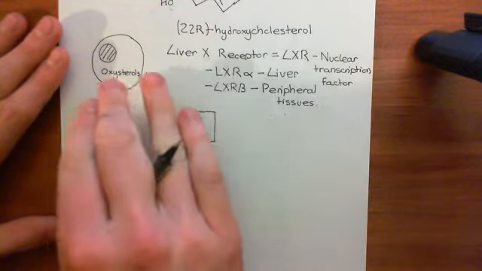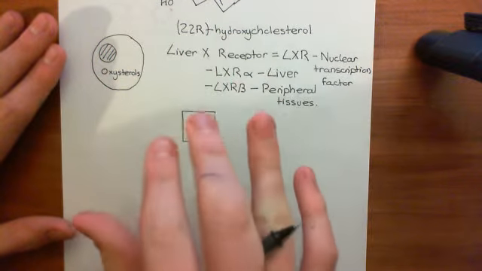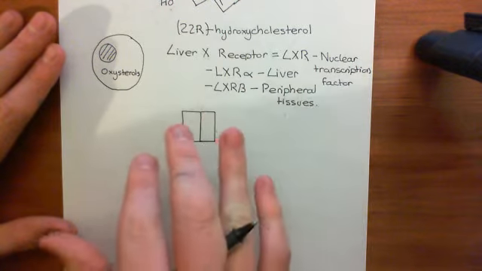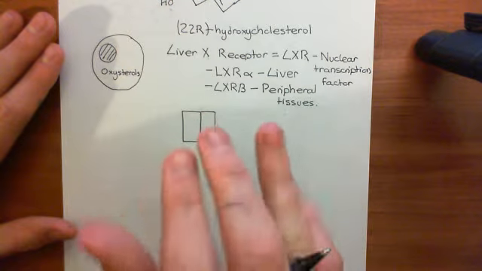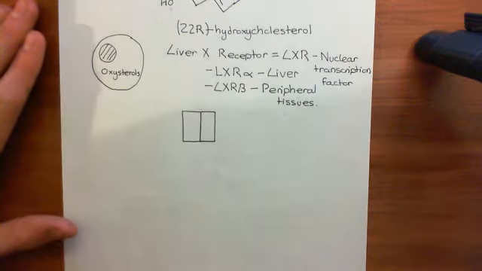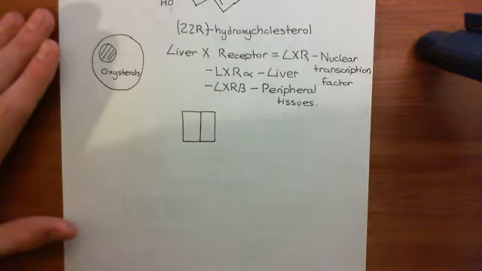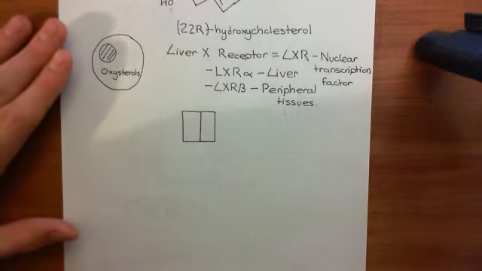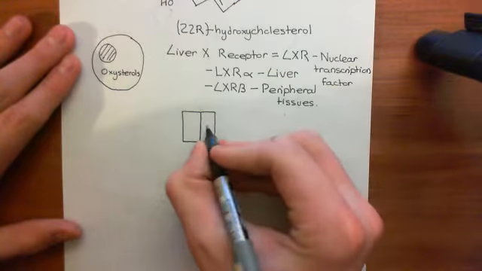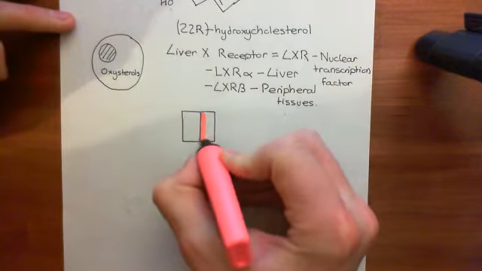It's going to be activated by the oxysterols, but at the moment it's inactive, and it will have an activity even when it's inactive. So I want to describe to you first what these do before they have the oxysterol bound to them, and then we'll move on to how that function changes when they do have the oxysterol bound to them. So at the moment we have our liver X receptor, which I'll outline in red here.